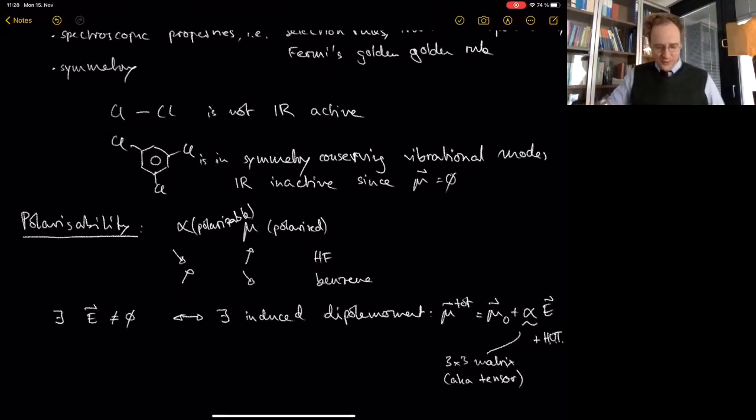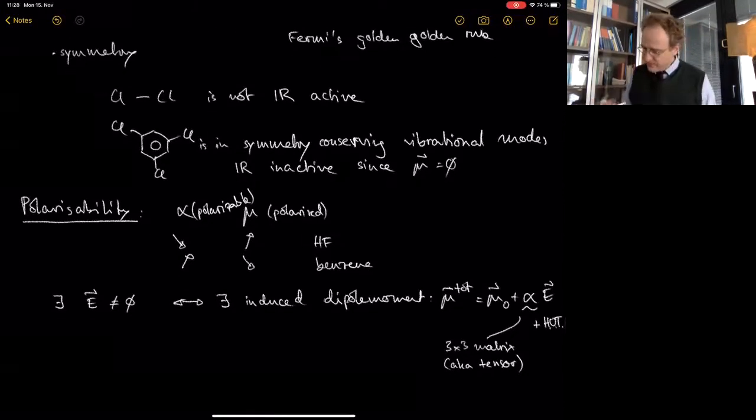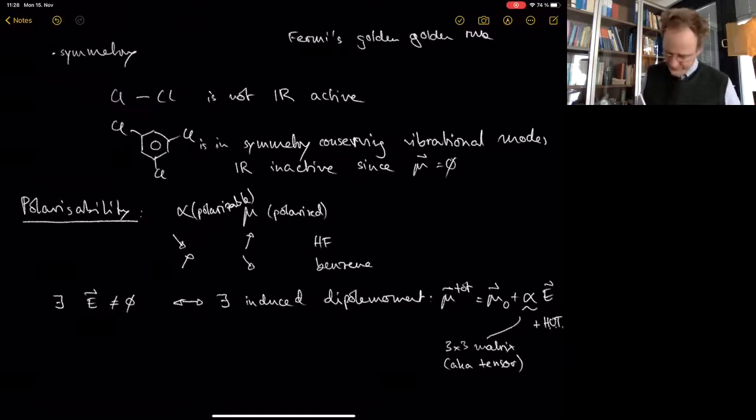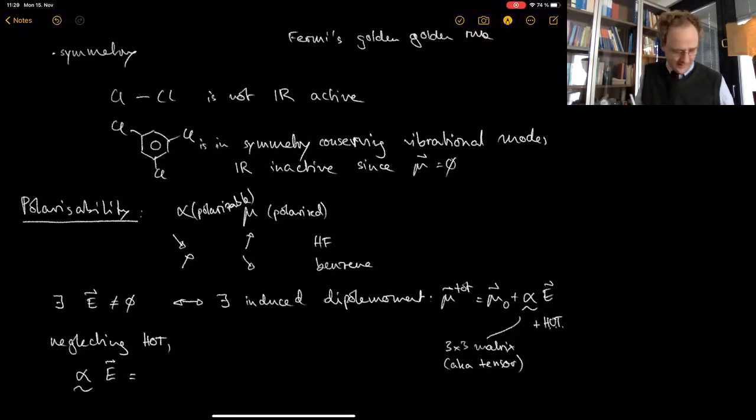So we are looking now at the first order effect upon applying a field, neglecting the higher order terms. We can write our alpha matrix with the electric field vector as mu tot minus mu 0.